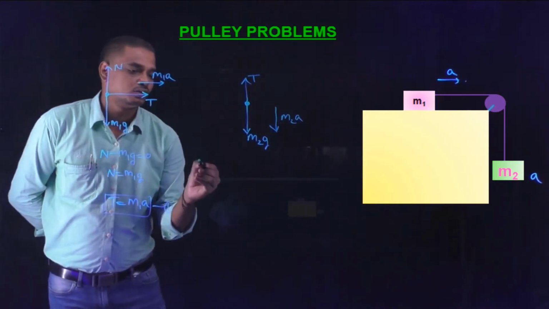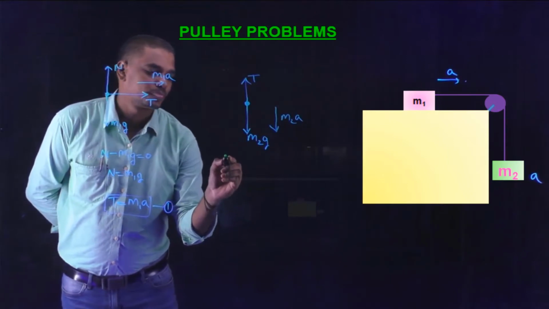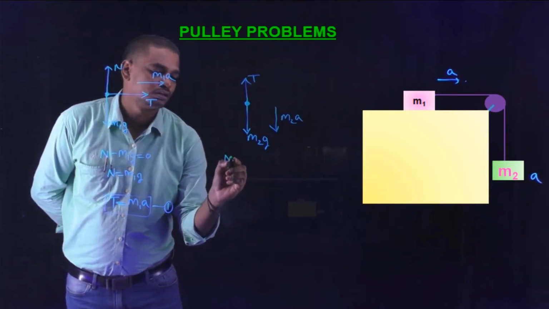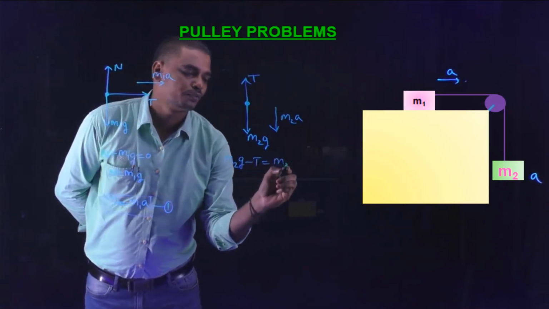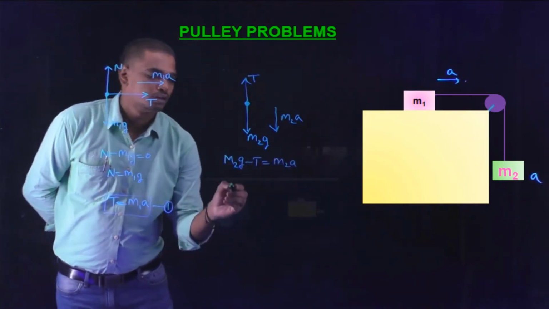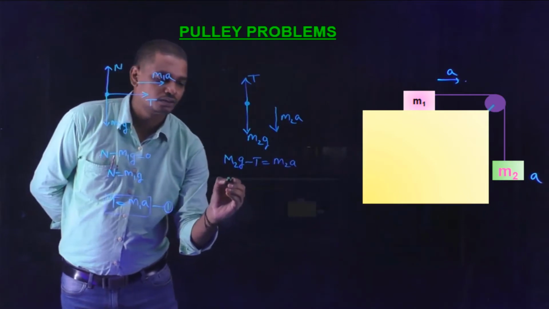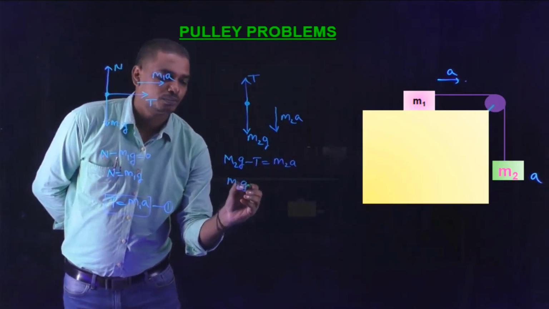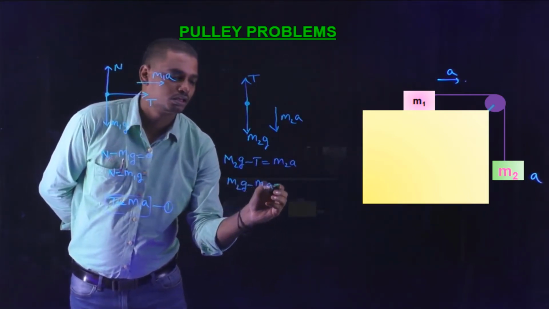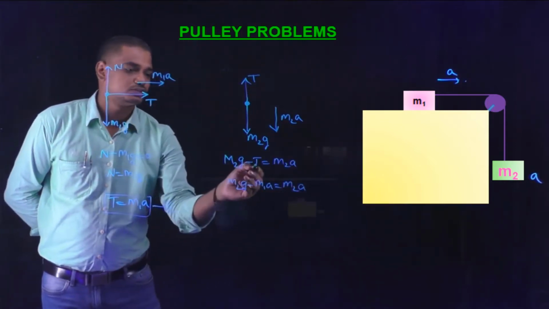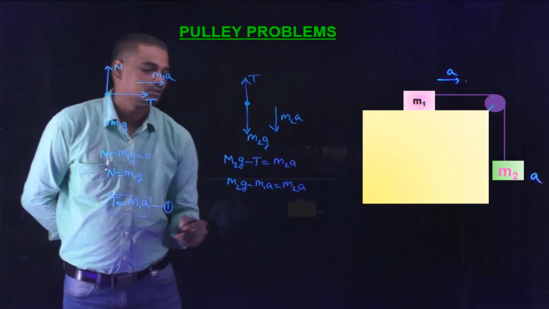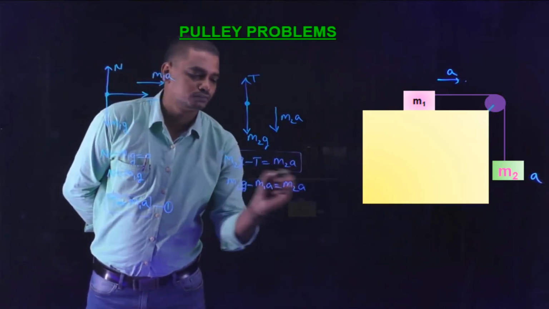The equation can be written as m2g minus T is equal to m2a. Substituting m1a for T from equation 1, m2g minus m1a is equal to m2a, let it be equation 2.